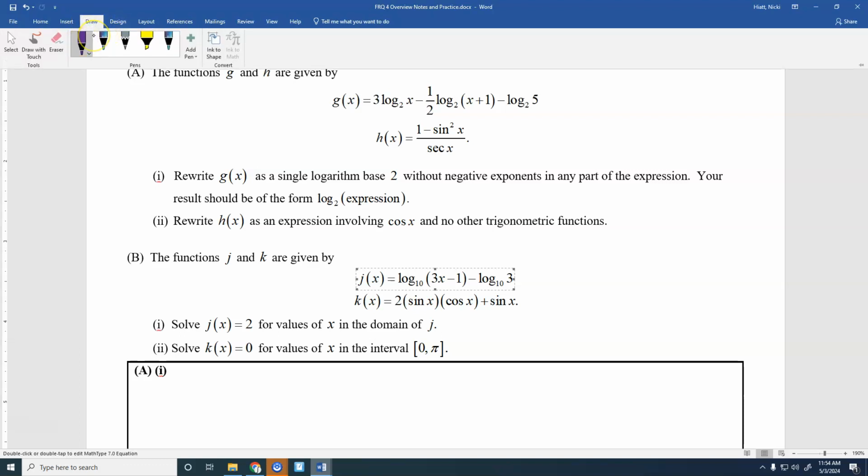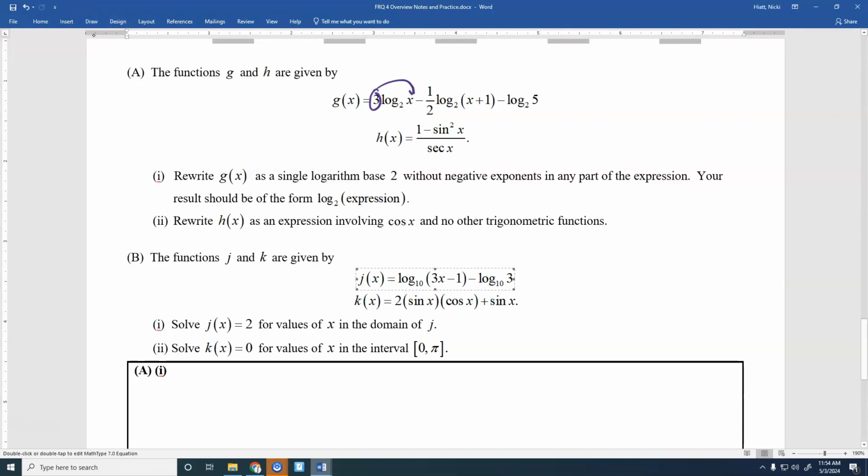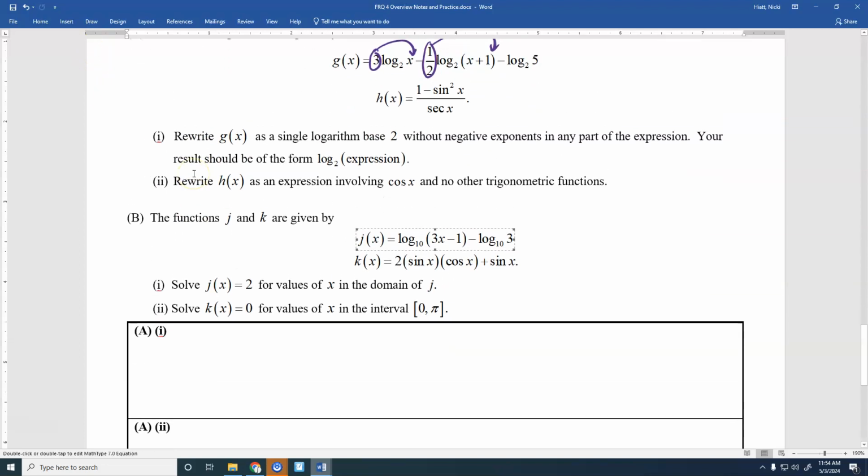You want to make the coefficients an exponent, and you can do the same thing with the 1/2 right there as well. So we would start off, and g of x would equal log base 2 of x cubed minus log base 2 of x plus 1 to the 1/2 power minus log base 2 of 5.